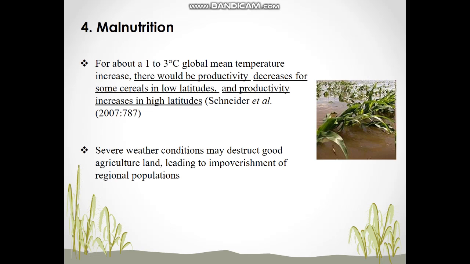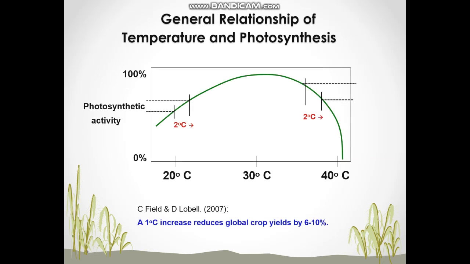This graph shows the general relationship between temperature and photosynthesis, which is the process by which plants make food from sunlight, water, and carbon dioxide. So you can see in temperatures like 20 degrees, for every 2 degree increase in temperature, photosynthesis activities will increase, which provides more crops, more food.